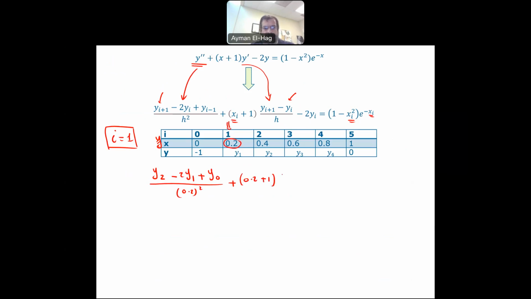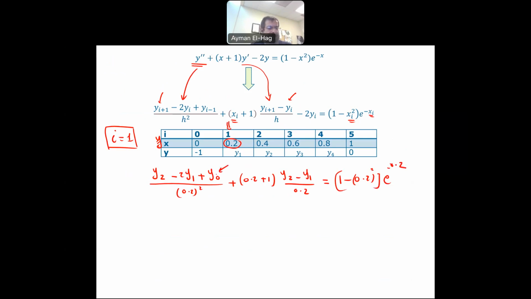Plus 1 times y_{i+1}, which is y2, minus y1 divided by 0.2, equal to 1 minus 0.2 squared e to the minus 0.2.